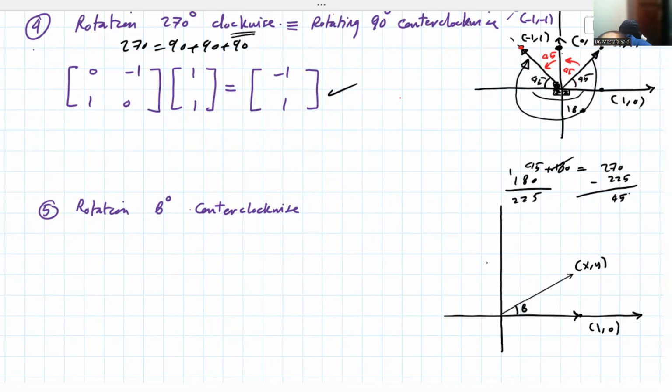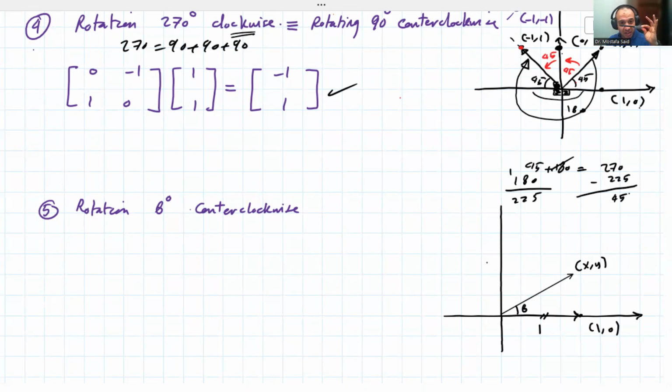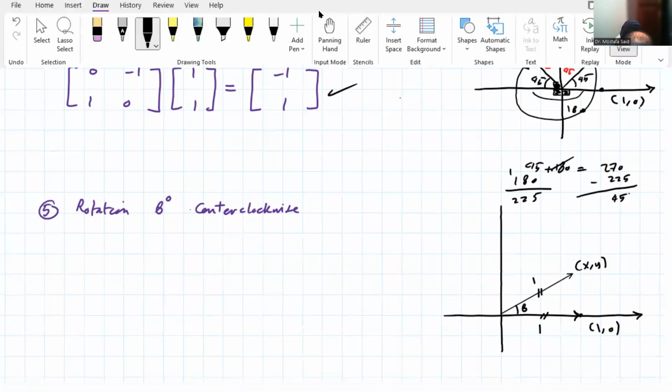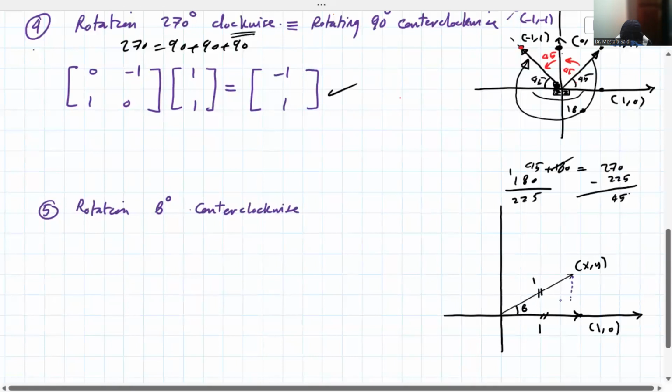Remember the length of that vector is 1. And when it rotates, it preserves the same length. When I rotate this by theta, it's the same vector, so that's also 1. And remember, there's a right angle here.